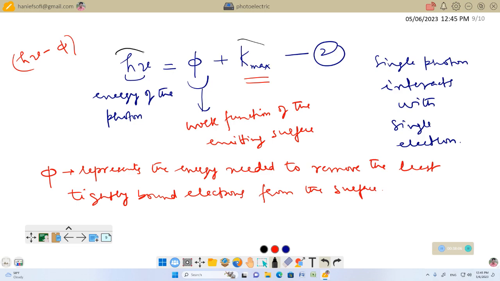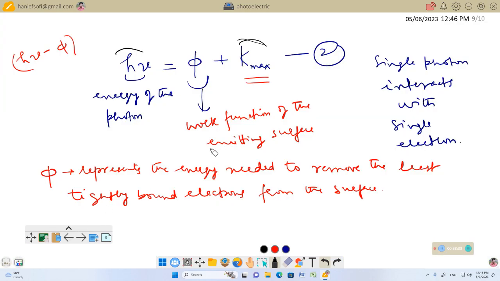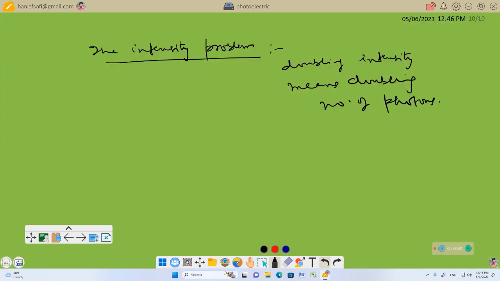So this portion of the kinetic energy is not going to change. So that answers the first issue. So according to photon theory, I repeat, doubling the intensity means doubling the number of photons hitting the matter surface, but we are not changing the energy of individual photons or the nature of the individual photoelectric process, which is described by this equation 2, right?